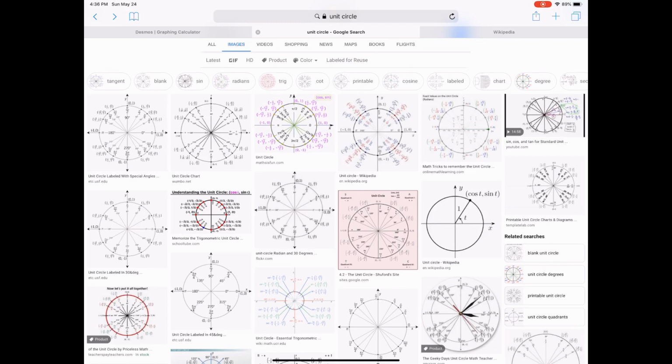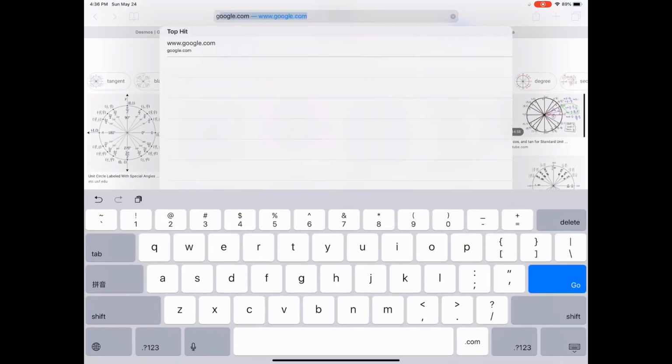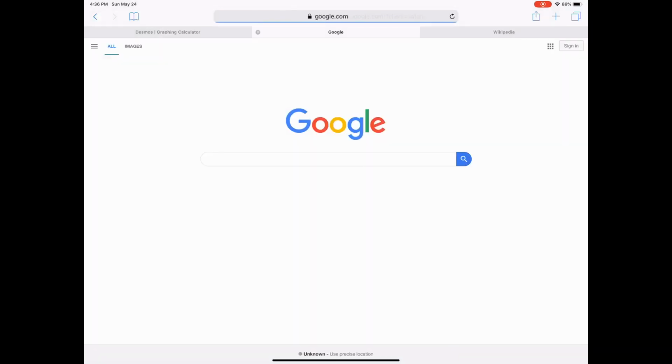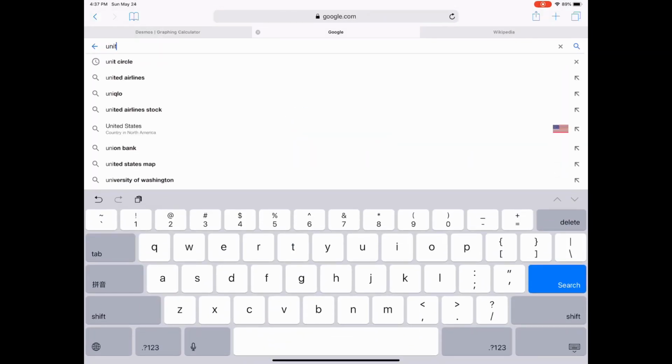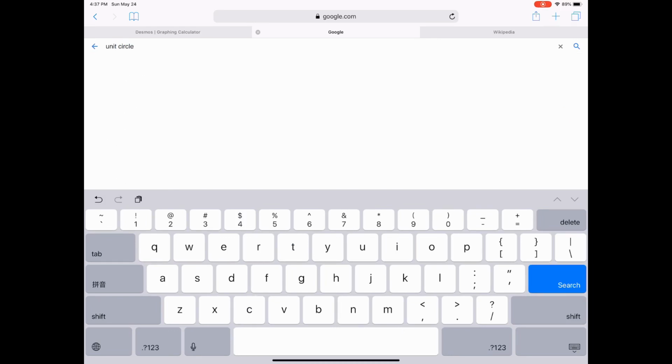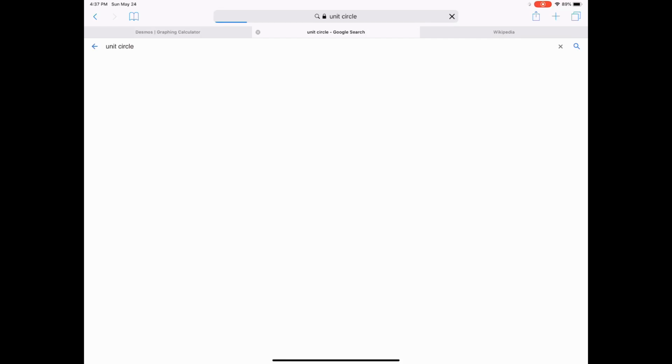online. For example, let's go to Google. Just go to Google and use the keyword unit circle. There are many wonderful teachers and people putting a lot of information online.